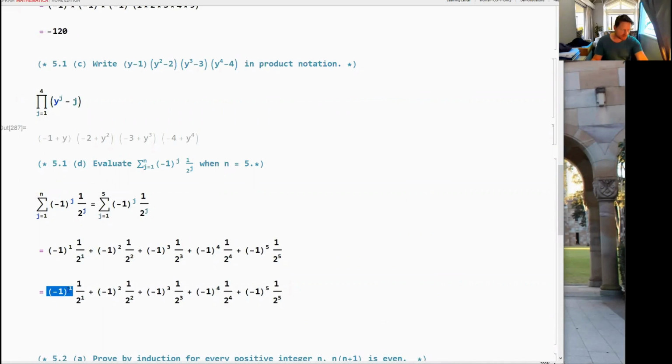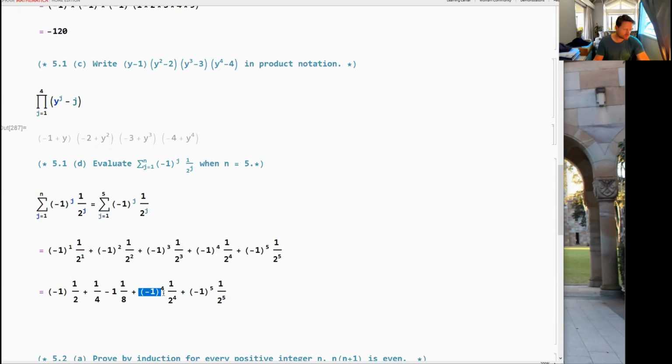So this is -1, and then we can just see this as 1/2. Now, (-1) squared is 1, so now we have 1/4, 1/4. Okay, (-1) cubed, that's -1, and then 2 to the power of 3 is 8.